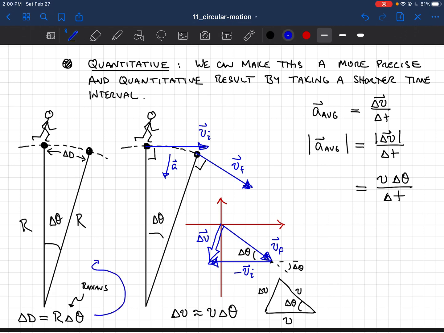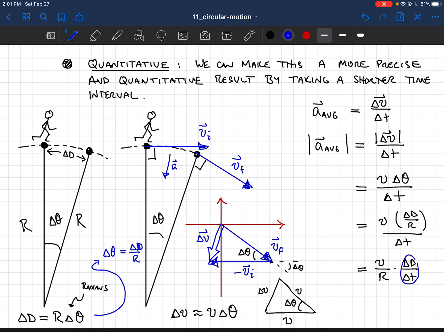So over here, we just wrote down an expression for delta d, but that means delta theta is equal to delta d over r. So I can replace that in my equation. So I have v times delta d over r, all over delta t. And what I find is that I get v over r times delta d over delta t.